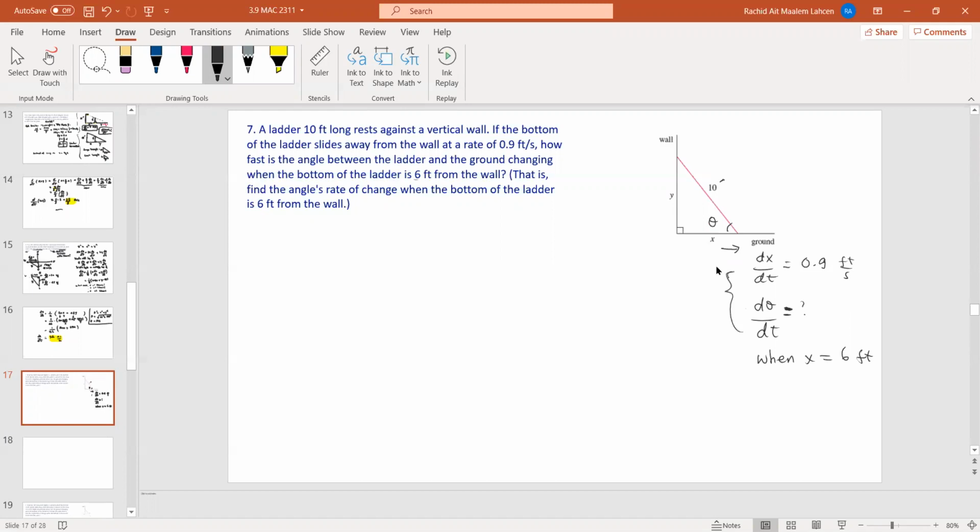So you see the related rates, because it's easier to calculate how x is changing per time, and that should help us find how theta is changing per time. So here, of course, what is the connection between theta and x and 10? You start looking into the trig identities.